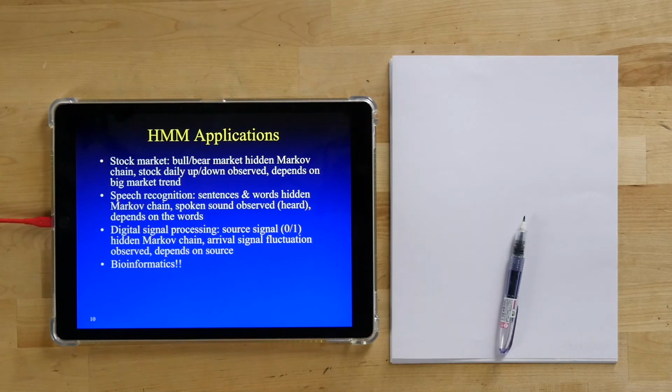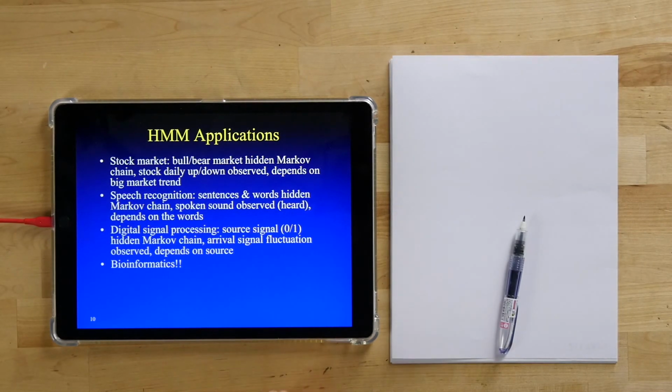But that's not readily recognizable by a computer. What the computer is taking is the sound that's given. It hears that this person said some vowels and consonants, and it's trying to guess what the words are that are hidden from the computer. And so that's speech recognition.